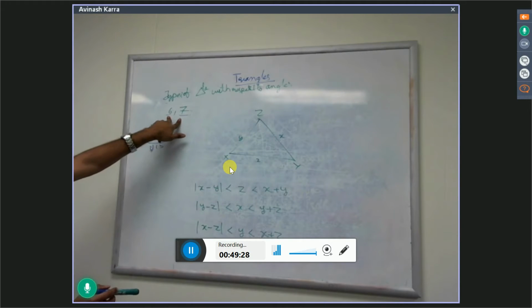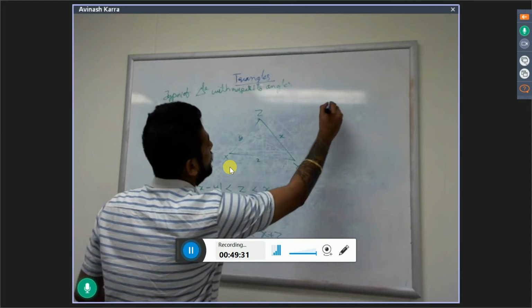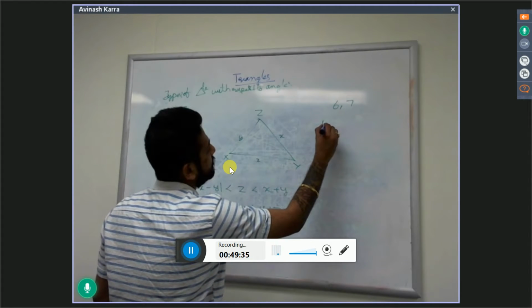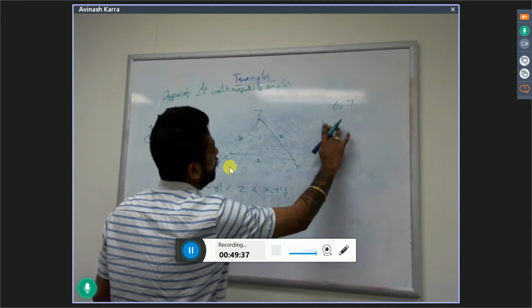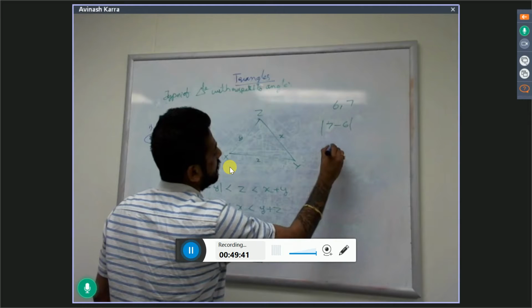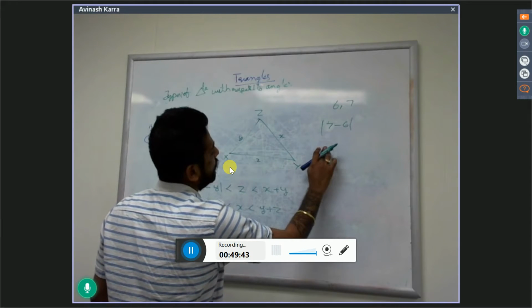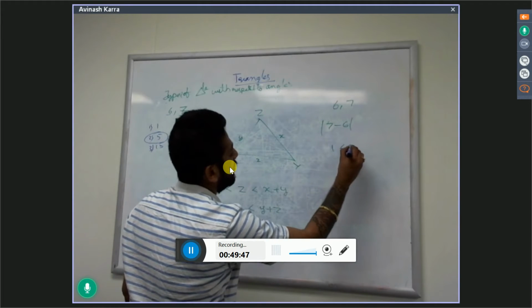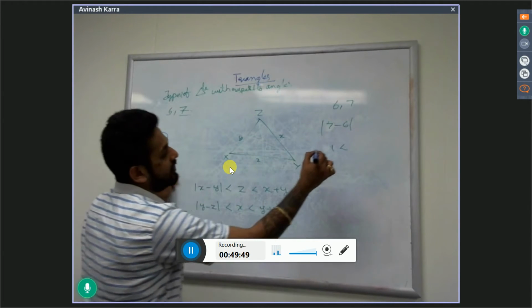So here we got two sides. One is 6 and one is 7. Right? What is the difference? Modulus of 6 minus 7 or 7 minus 6, whatever it might be, 7 minus 6, nothing but 1. Right? And we don't know the length of the other side.